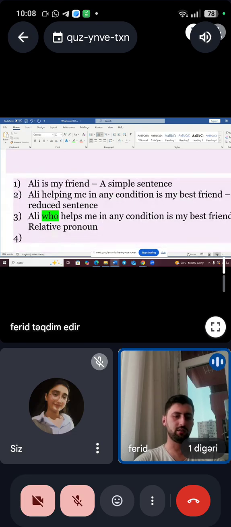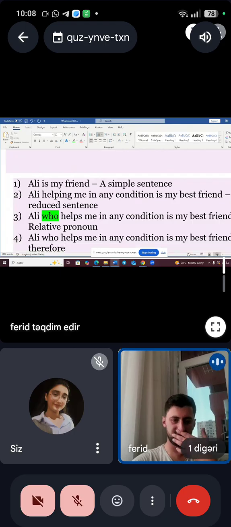And the last one, it could be better if you write conjunctions. For example, Ali, who helps me in any condition, is my best friend.